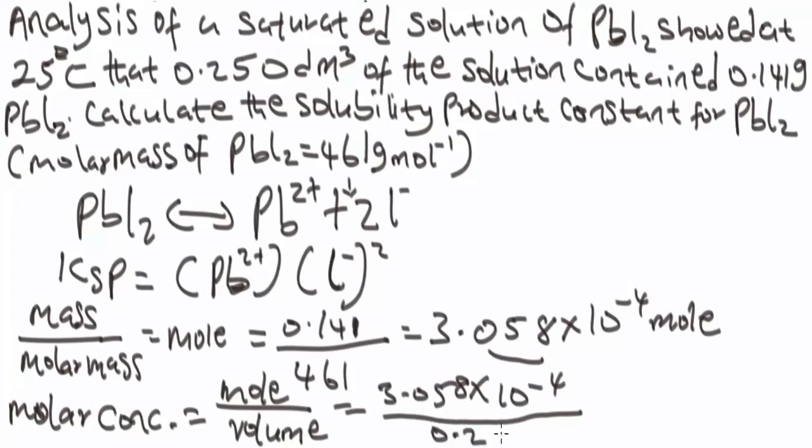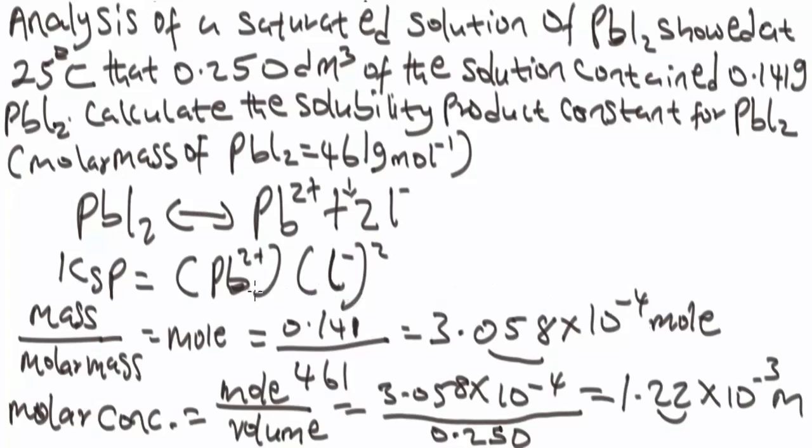Let me use my calculator. When you divide through, you're going to have 1.22, if you're leaving it in two decimal places, times 10 to the power minus 3. Alright, so this will be the value for the molar concentration.